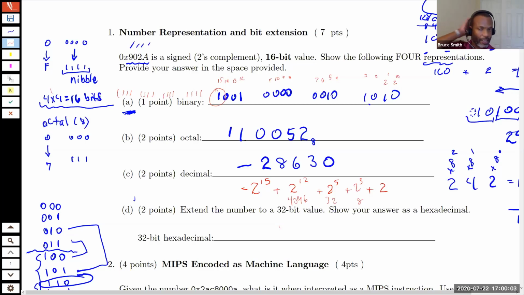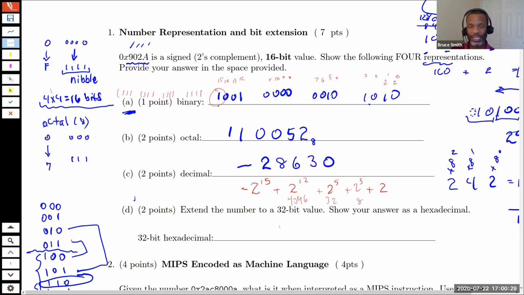Now, if this had been a positive value instead of an 8, if you look at some of the previous, I'll make a change. I'll say either it's a value less than 8 or a value 8 or higher. And that's going to test whether or not you get this idea of how to sign extend. So if that had been a 7, that's a 9.